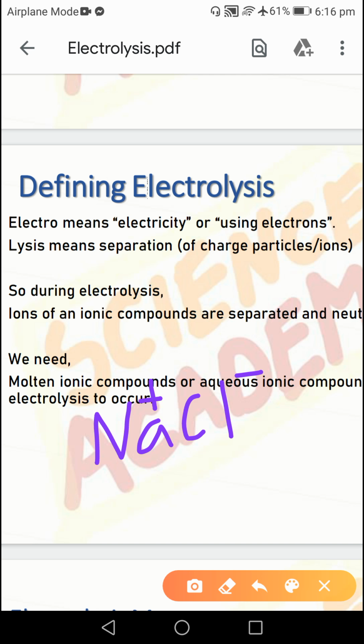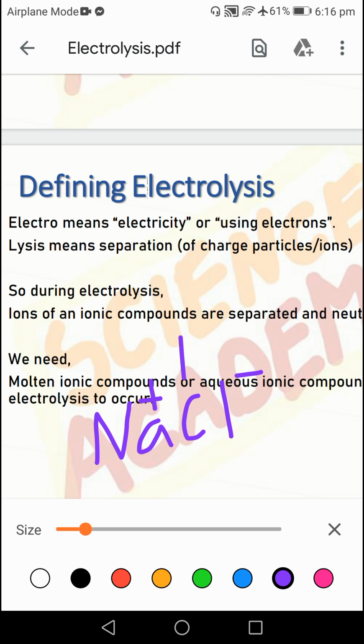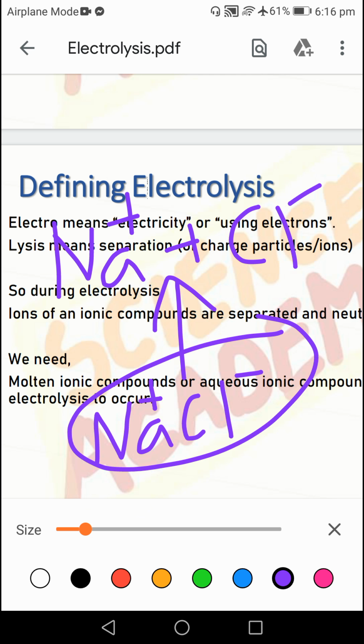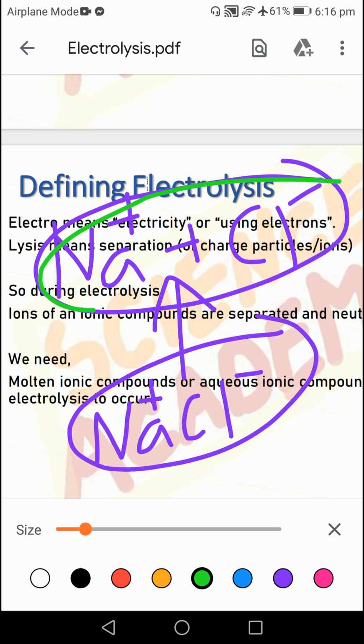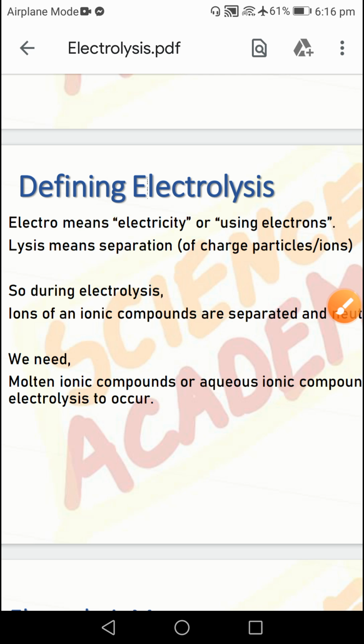Now, using electrolysis, you can separate the sodium ions and the chloride ions. Here they were together, and here the ions are now separated. If you carry out the separation of ions using electricity or electrons, then we call it electrolysis.